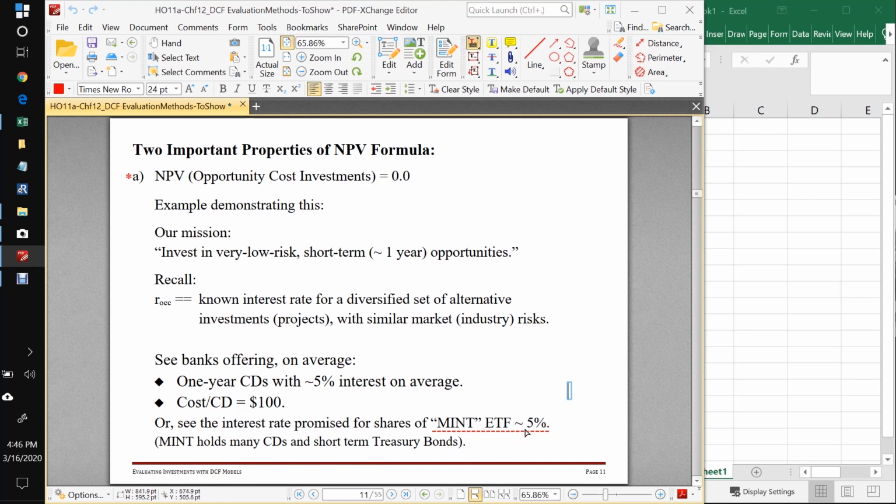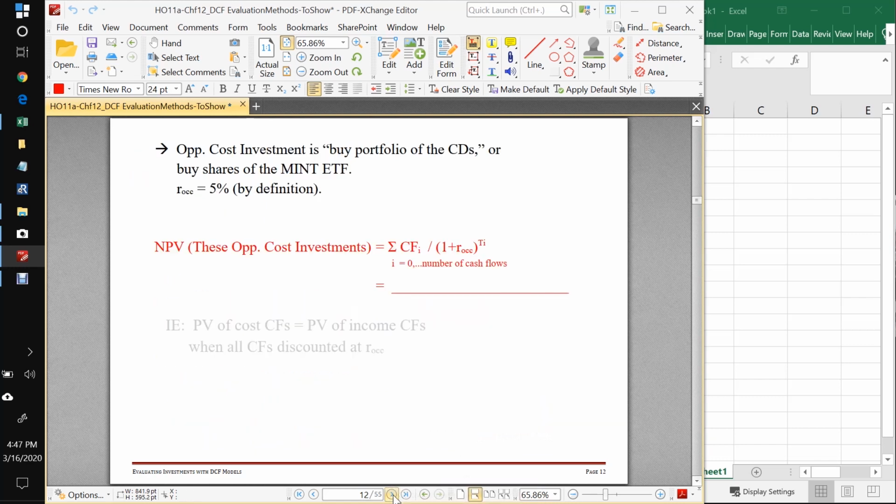We could literally look up on PIMCO's website, the purveyor of this exchange traded fund, what their yield to maturity is for this. They publish this frequently, and let's say we found 5%. So either of those would be fine. We could construct this diversified portfolio ourselves, looking at CDs at bankrate.com, or we could simply pick an ETF that's already done a lot of that for us.